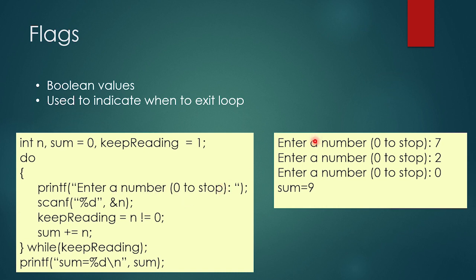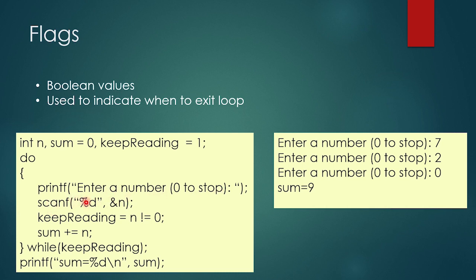So the way it's going to work, if you look at the output, is enter a number, 0 to stop, and they type 7. Enter a number, 0 to stop, they type 2. Enter a number, 0 to stop, and they type 0, and then we say the sum is 9. So if we go over here and look at the code, it says do printf, enter a number. Now it's going to do that without checking anything because this is a do while loop, so it goes in immediately.